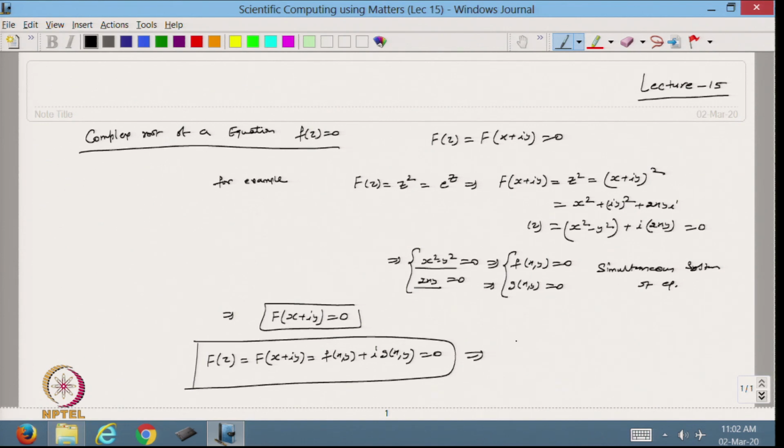From here I will get the system of simultaneous equations, f(x,y) equal to 0 and g(x,y) equal to 0. Using the Newton-Raphson method for system of equations, we can solve this system. That is how we can find the complex root of the equation f(z) equal to 0. So this is all about how we can use the Newton-Raphson method for finding complex roots.